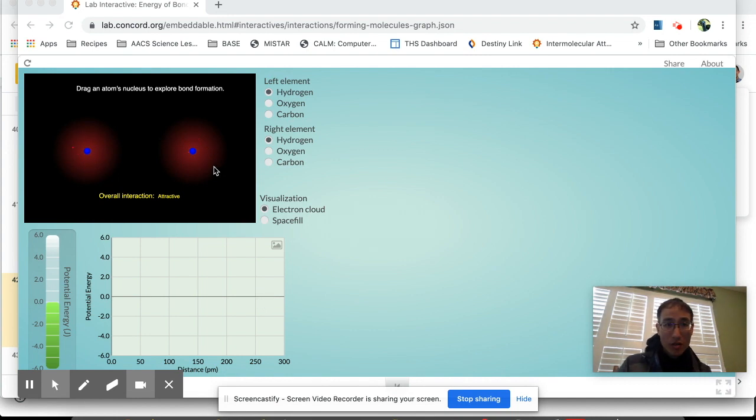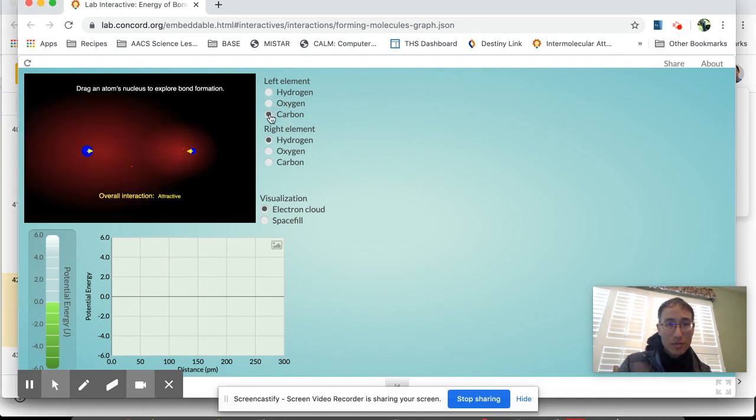So we're going to start with the CH bond, and we'll do one together, and I'll have you do the other one yourself, and just kind of looking at what's going on as we're taking this molecule and we're busting it apart. Okay, so I'm going to take one of the atoms and make it carbon, and the other one's going to be hydrogen.